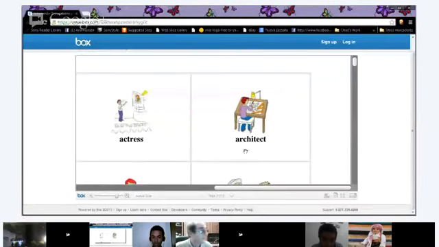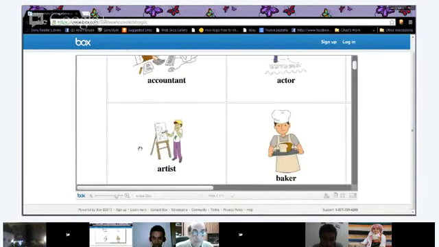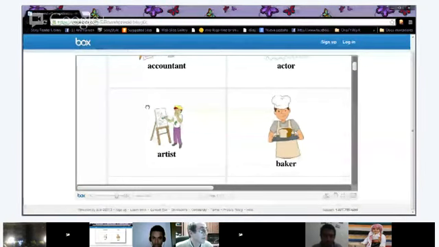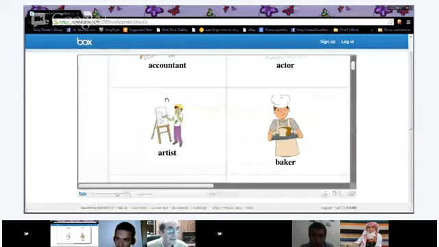Artist. Is that the next one over here? Okay, artist. So an artist, what different types of artists are there? So it looks like he is painting. Draw. Makes sculptures as well. Good, good.